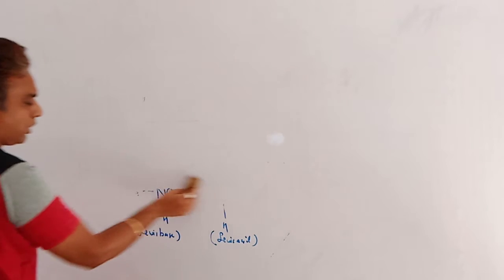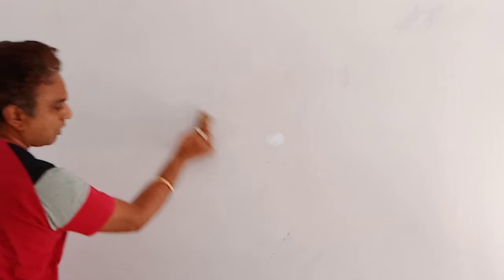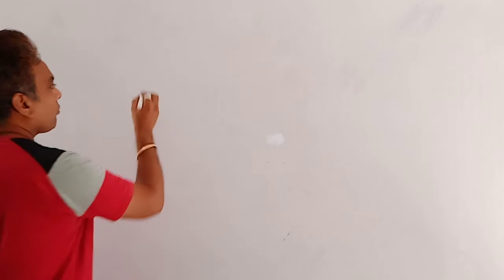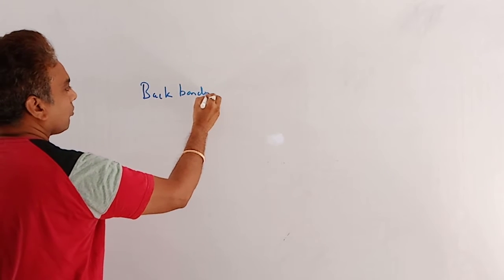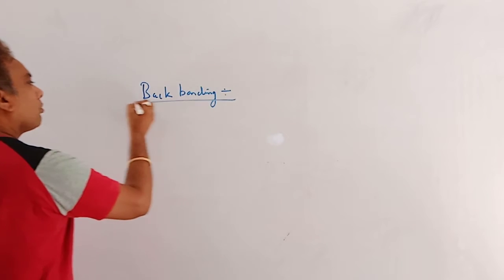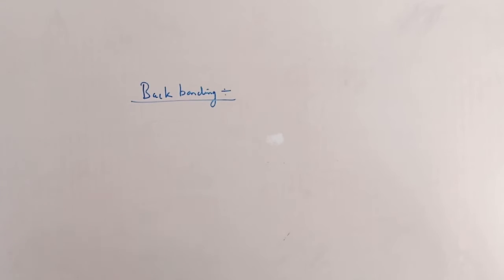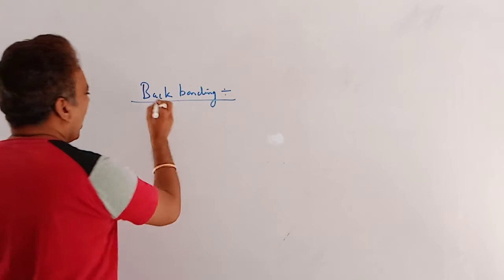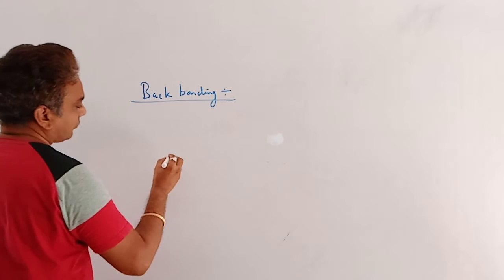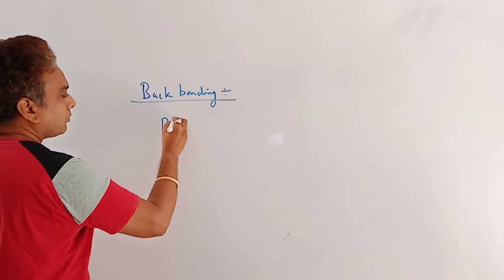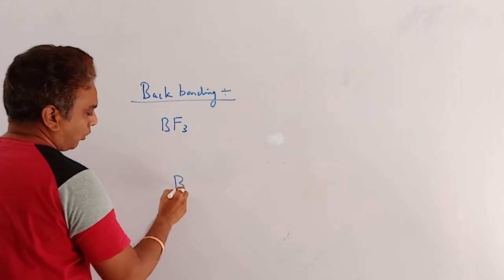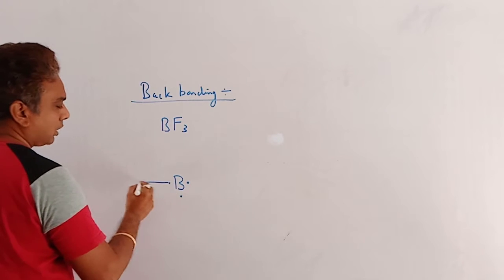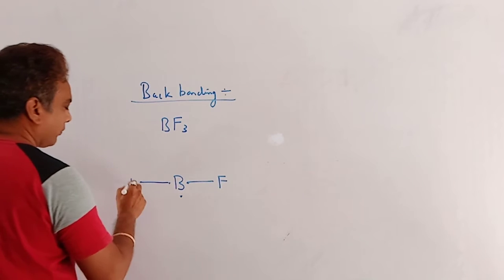One more form of coordinate bond is known as back bonding. What is back bonding? So here is a molecule like BF3. Boron contains 3 electrons in the outer shell and all 3 are shared with fluorine.